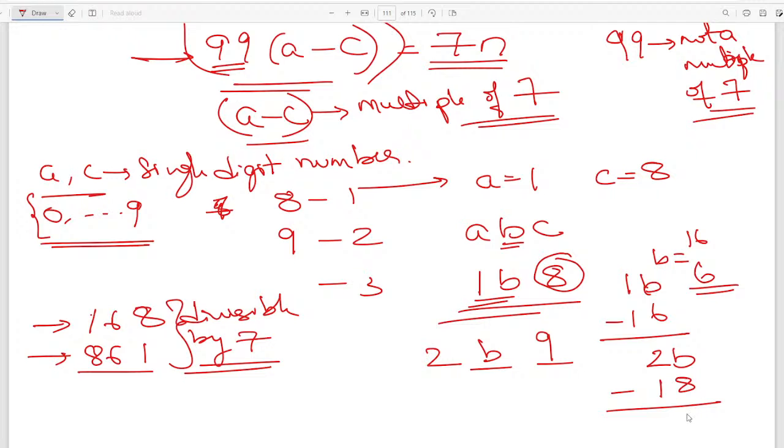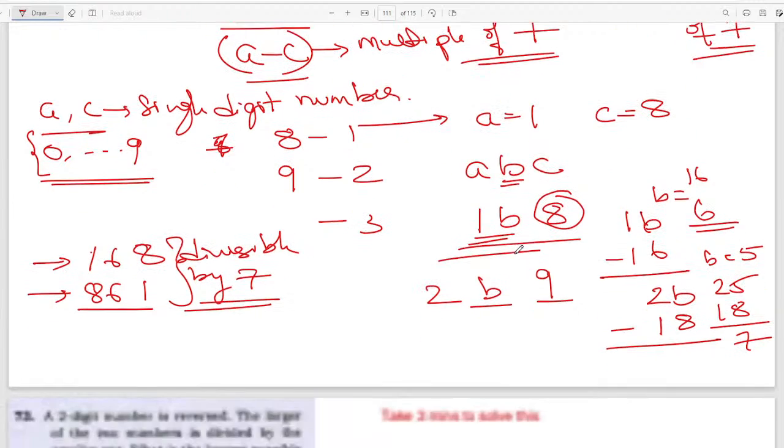The difference cannot be 0. It should be 7 or 14. It cannot be 14, because this number cannot be more than 9. So the only option is that B can be 5. 25 minus 18 gives 7. So B is 5.